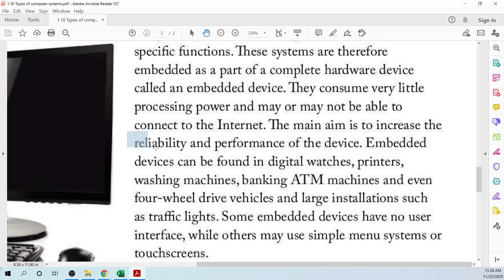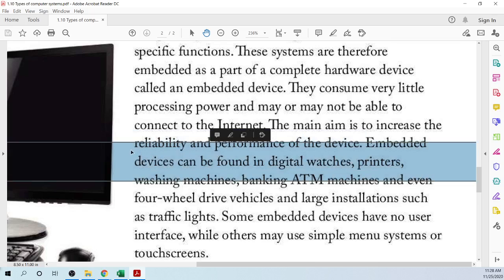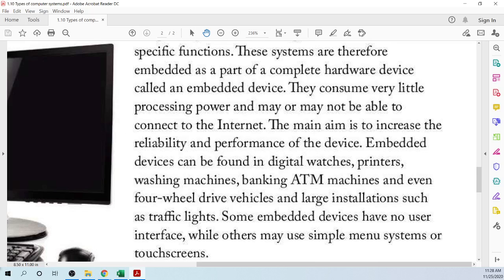If you think about it, your laptop, your desktop, your phone, they do so many things, but at times they may not do it perfectly because there are so many things that the manufacturer has to look at that they cannot focus on all to the best of their ability. You have to wait maybe months or years so that they can actually perfect that device. But an embedded device does only one or a few tasks, so it is more reliable and has better performance.